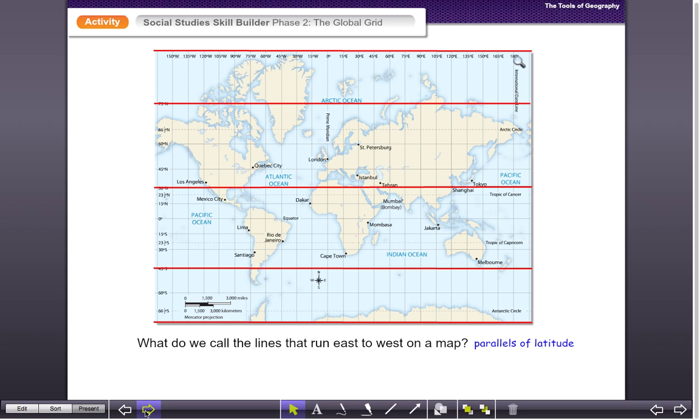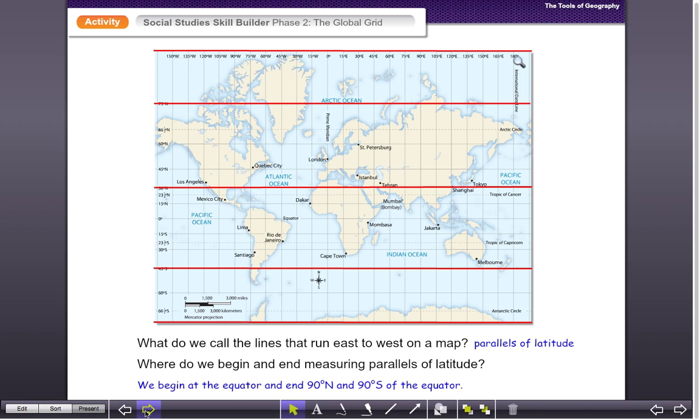Those are parallels of latitude, if you recall, and those are what start making up the global grid. Where do we begin and end measuring parallels of latitude? We begin at the equator and then end at 90 degrees north and 90 degrees south of the equator. Okay, and those would be the North Pole and the South Pole.